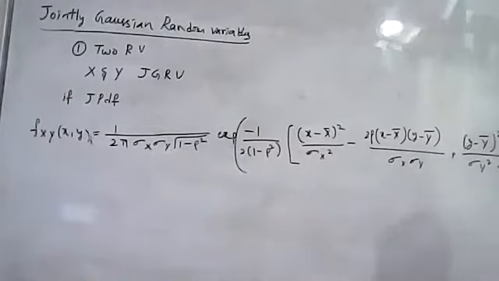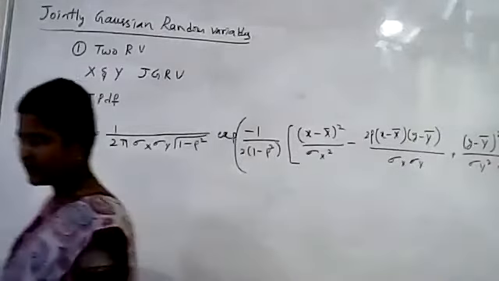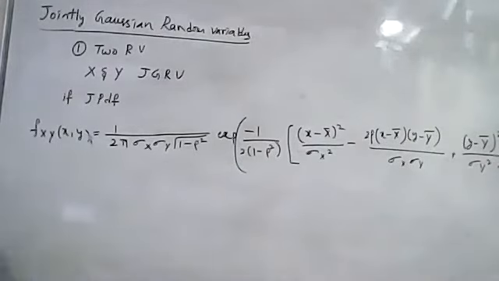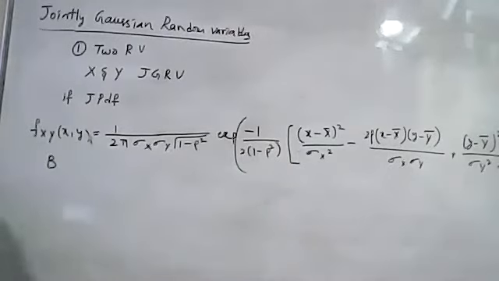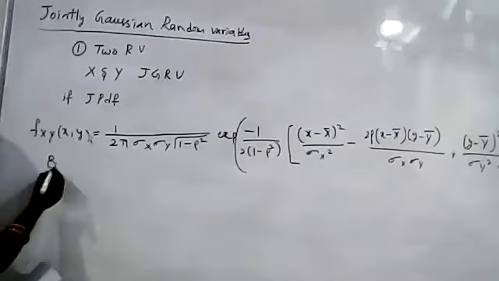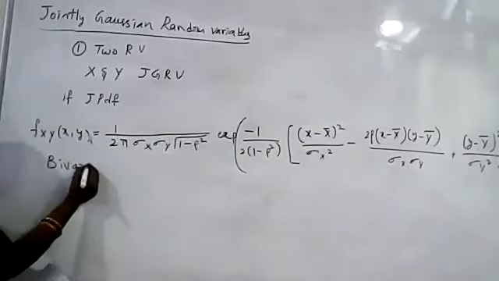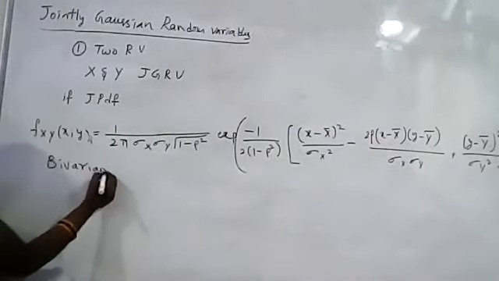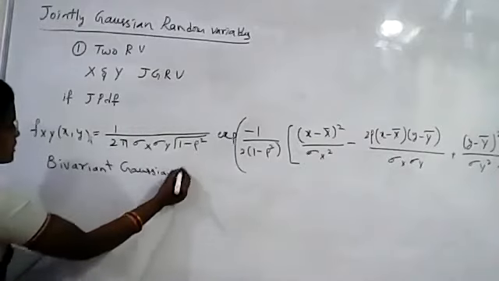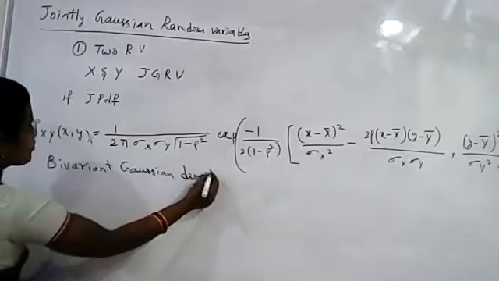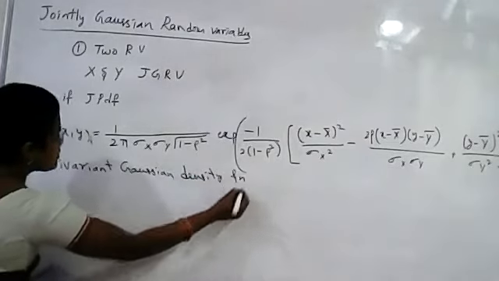This is the formula, and it is also called the bivariate Gaussian density function. Two jointly Gaussian random variables are described by the bivariate Gaussian density function.